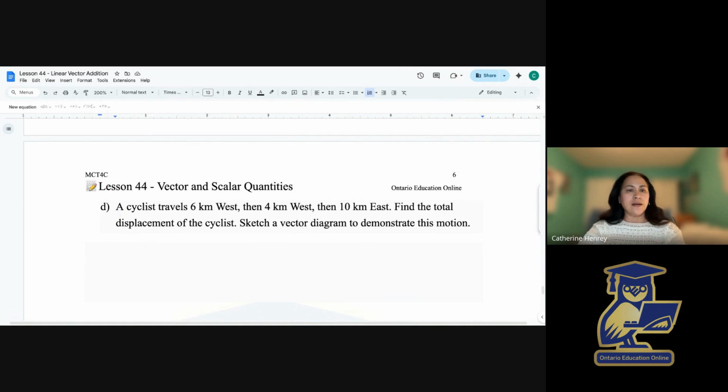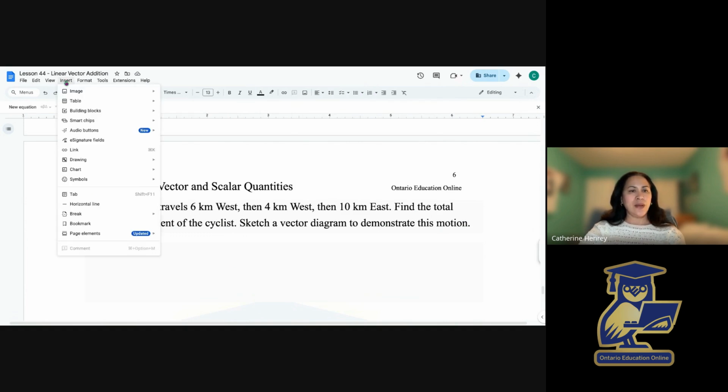So let's take a look at another example. A cyclist travels 6 kilometers west, then 4 kilometers west, and then 10 kilometers east. So find the total displacement of the cyclist. Sketch a vector diagram to demonstrate this motion. So what I'm going to do here is go straight to a drawing.